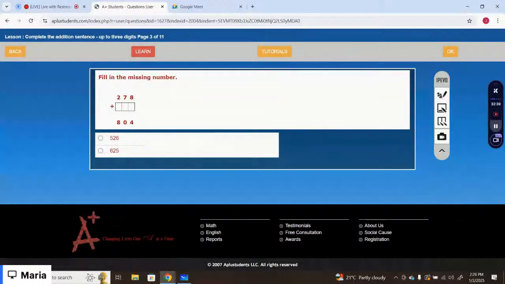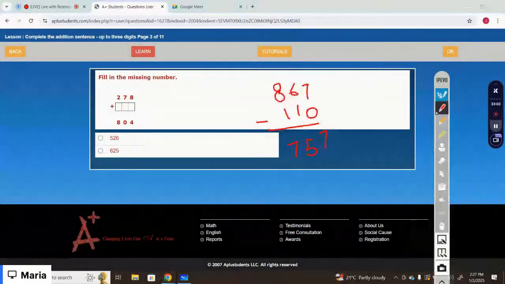Fill in the missing number. 278 plus missing number equals 804. You have to do 804 minus 278.